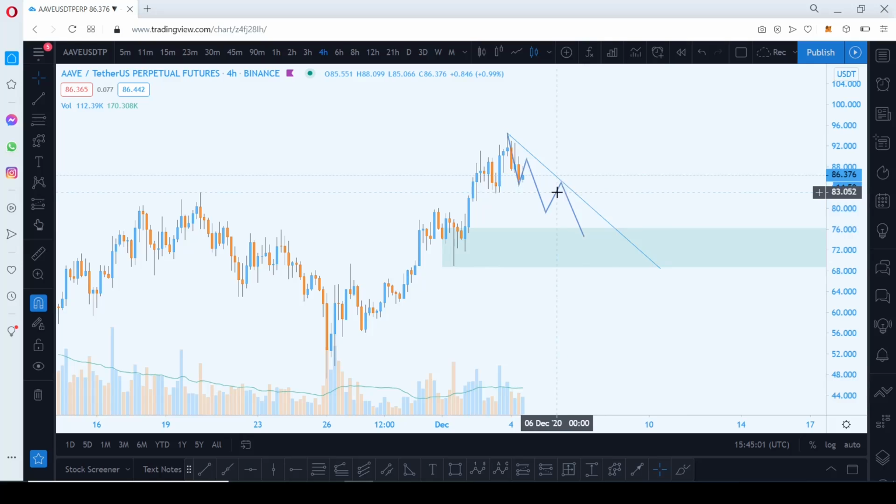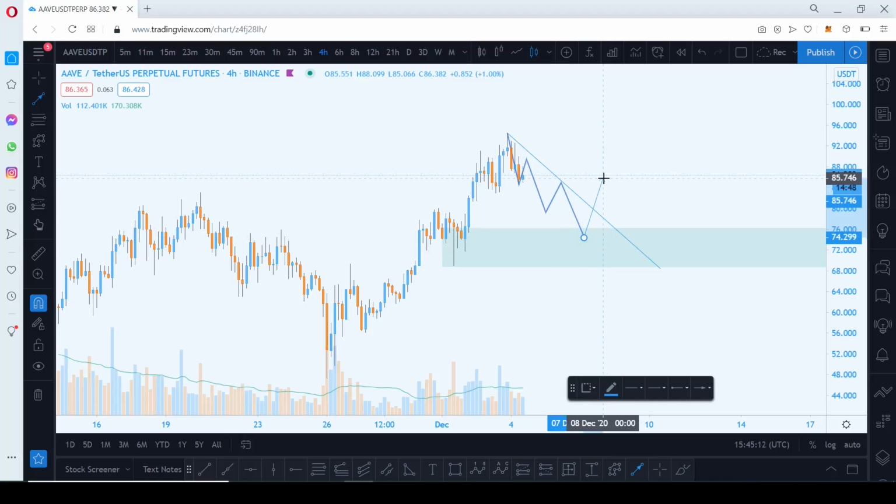So instead of waiting for the break of this last high, as with market structure, you are waiting for the break of this trend line. The break of this trend line should also lead to the break of this structure, but in some cases it won't. So you are waiting to see the break of this trend line. Then you want to find a demand that breaks this trend line.